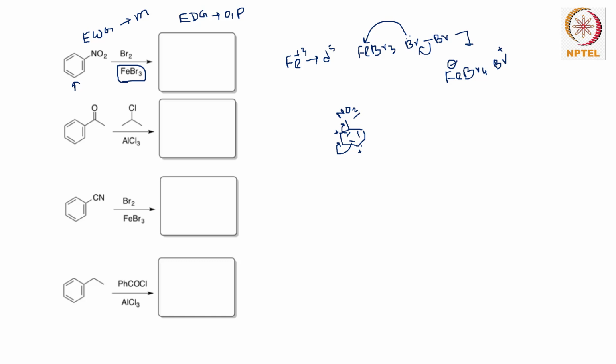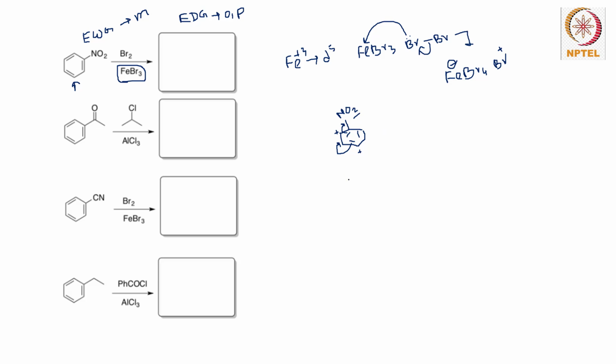So in case of an electron withdrawing group, there is electron scarcity at the ortho and para positions, and comparatively the meta position is electron efficient. That's why the electrophile chooses the meta position. If you haven't got the idea, I will discuss it in the next class. Due to this electron scarcity, the electrophile does not choose these positions, it will just choose the meta position.